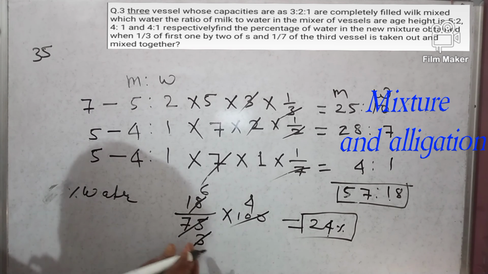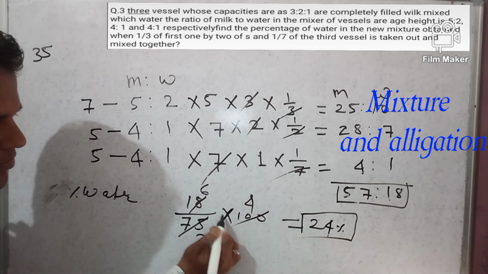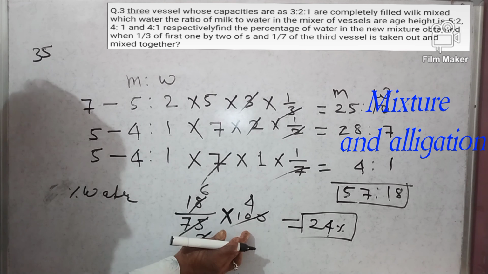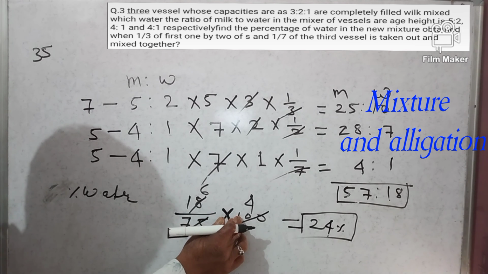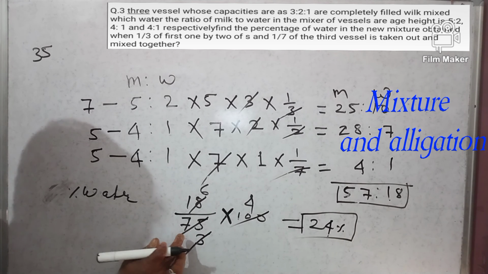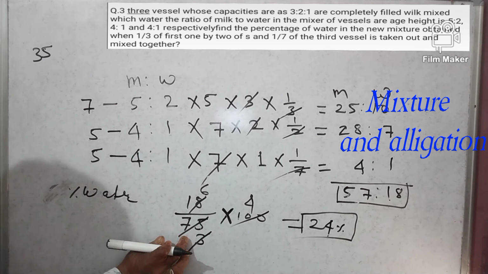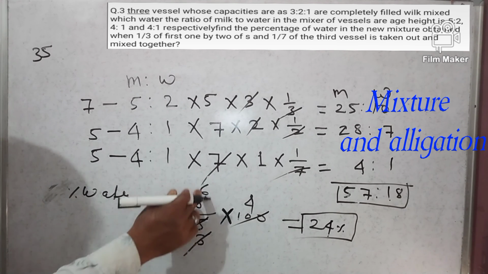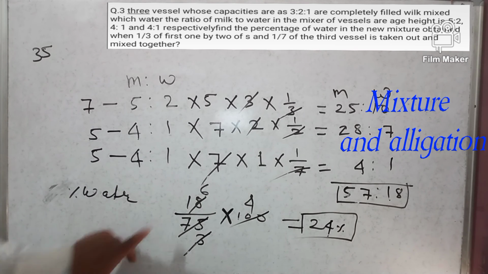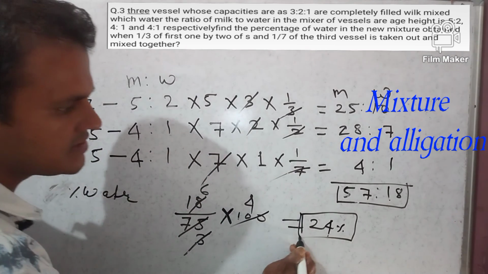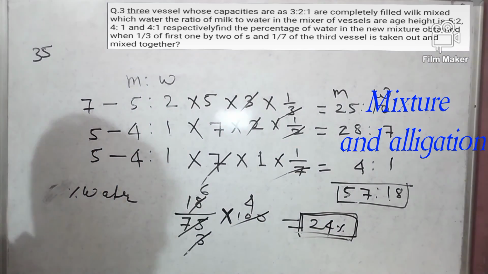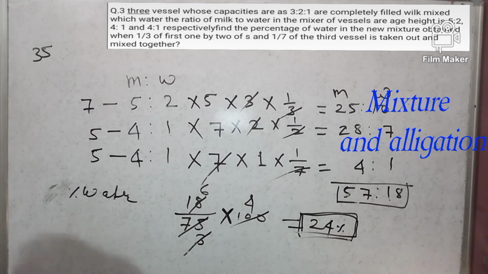So multiply with 100. 25 times 4 is 100 and 25 times 3 is 75. So 3 times 6 is 18, right? 6 into 4 is 24. So our answer is 24% of water, which means option C is the correct answer.